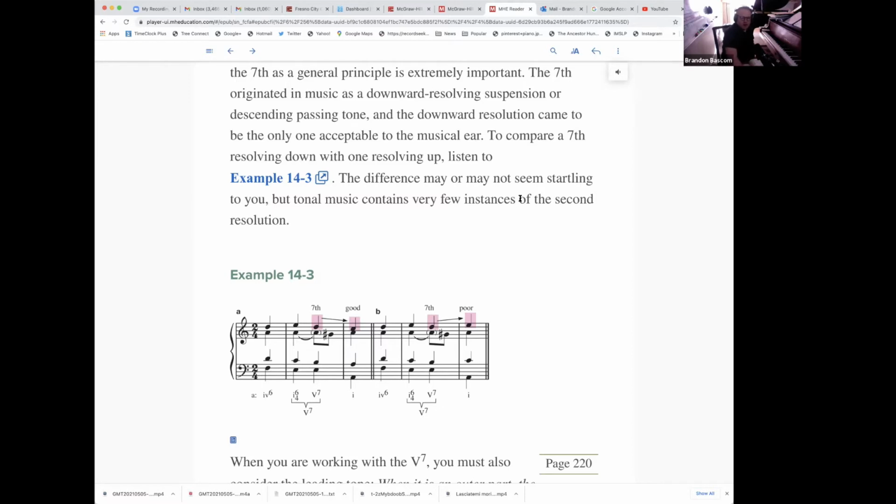So the highlighted note in the pink box is the 7th of the 5/7, not the 7th of A minor. With me? Those are the two things we got to keep clear. Because the 7th of A minor is this note right here in my orange box, and it most definitely resolves up ti to do. But fa is going to go to mi, which is the 7th of the 5/7.